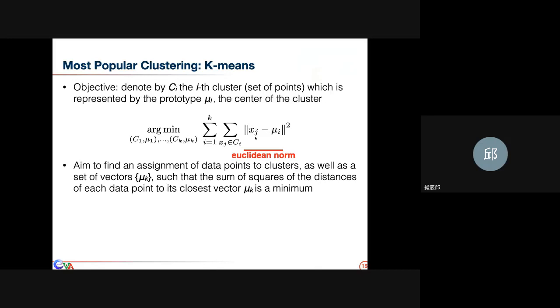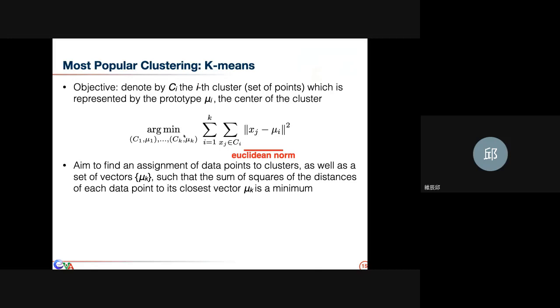So for example, if I know a data point xj is belonging to a specific cluster Ci, then its distance with respect to mu i should be minimized. Then I sum up all the distances from the data points to their corresponding cluster centers, and I perform the minimization on it in order to find my clusters C1 to Ck.